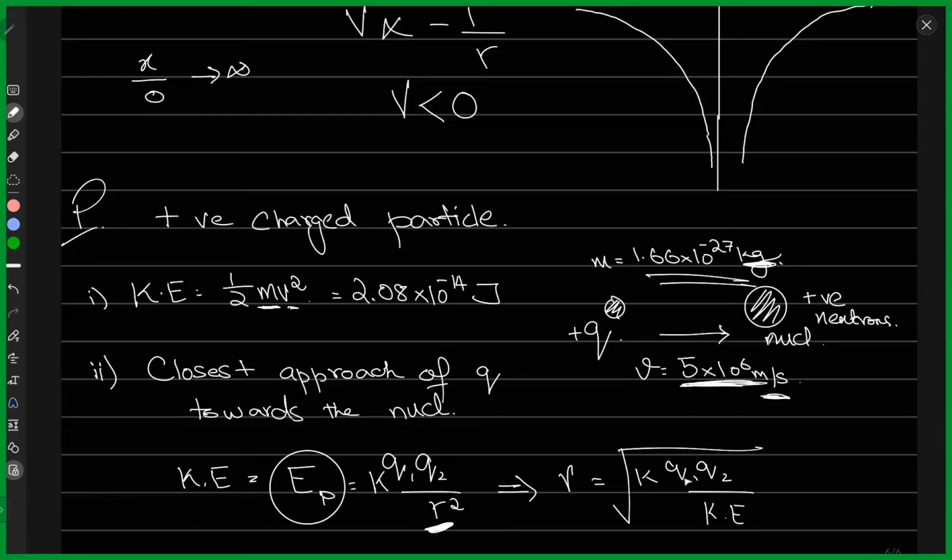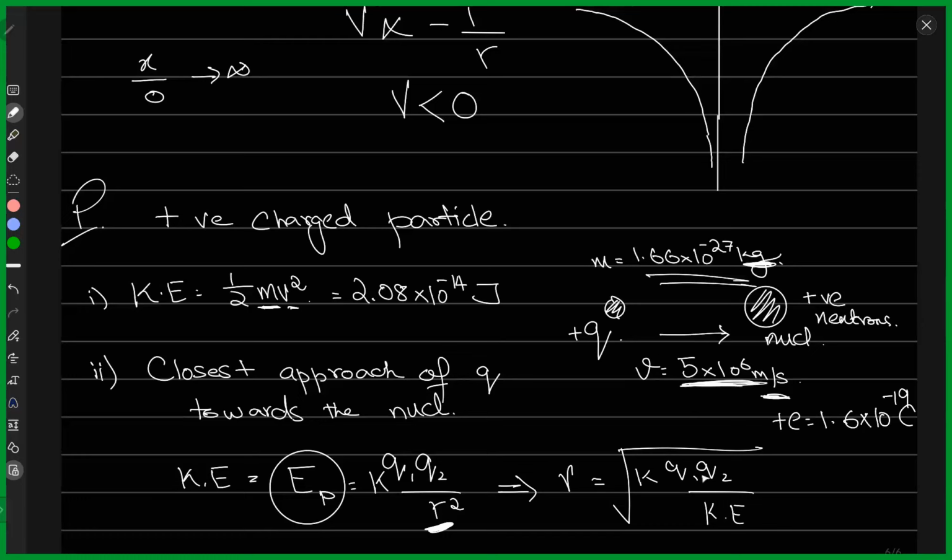Now, what would be Q1 and Q2? Q1 would be the positive charge of a proton. So you can just take the charge of a proton, that is plus e, right? And plus e, that charge, if I remember correctly, is 1.60 times 10 raised to the power minus 19 coulombs, right?